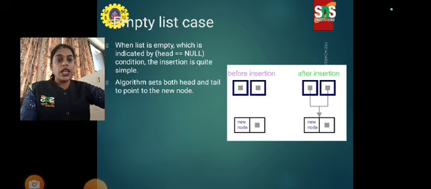If there is no element in the linked list, then insertion in the beginning or end will be very easy. See, before insertion there is no data point and there is no pointer here. After insertion we can see that there is a new node which has a data point and a pointer there.